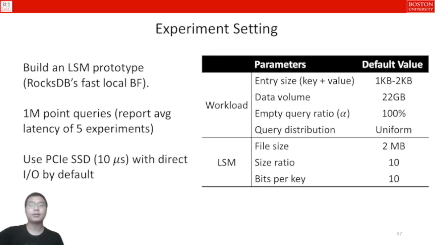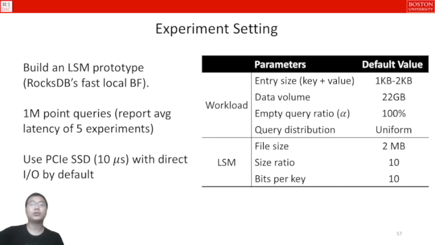There are also some other default parameters. We will fix the entry size as 1 kilobyte or 2 kilobytes, use the data volume as 22 gigabytes. Unless otherwise specified, we will always use uniform and empty query workload.